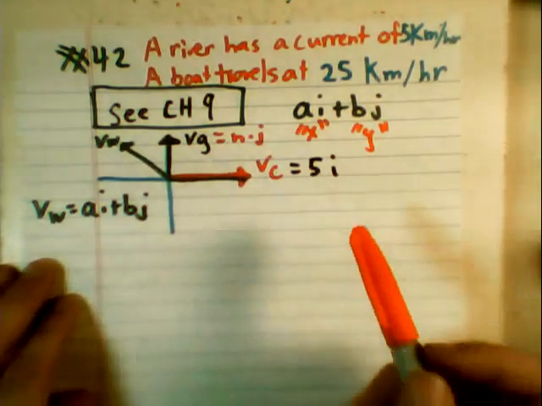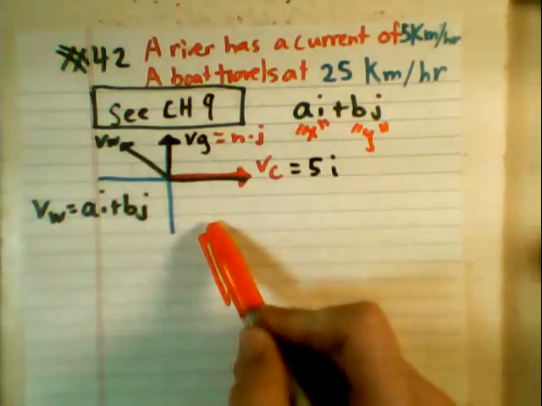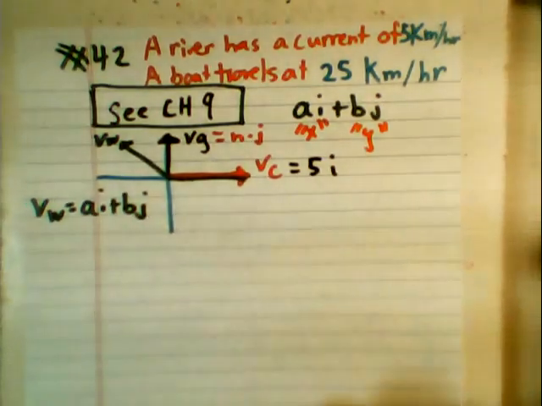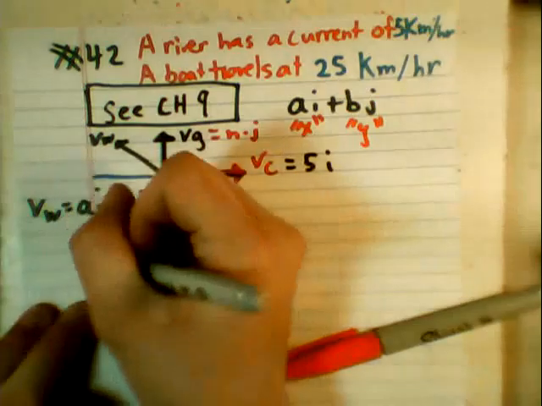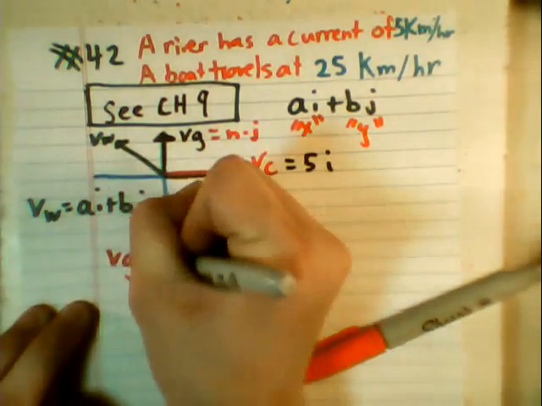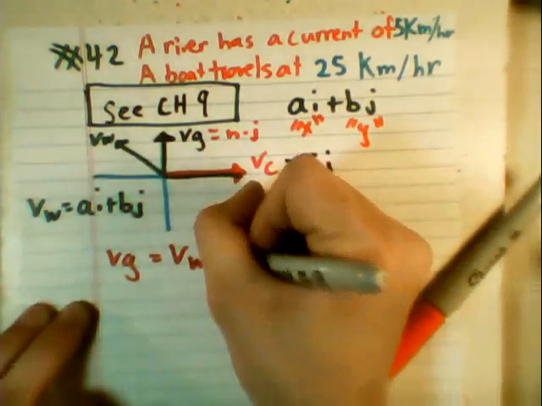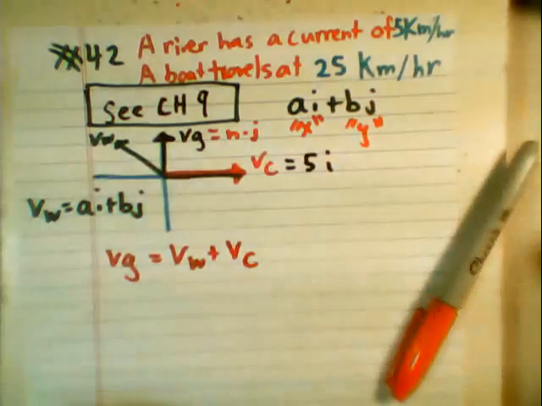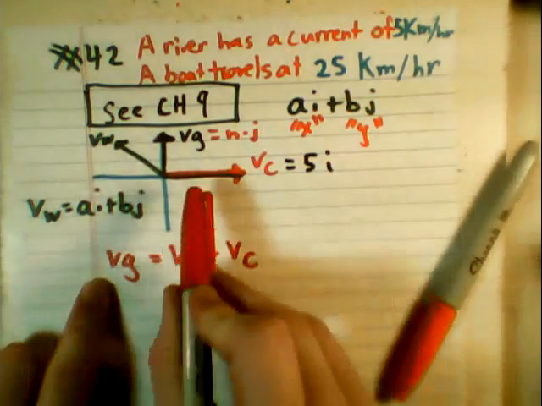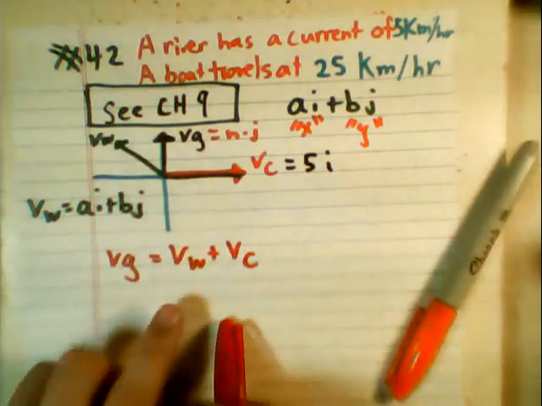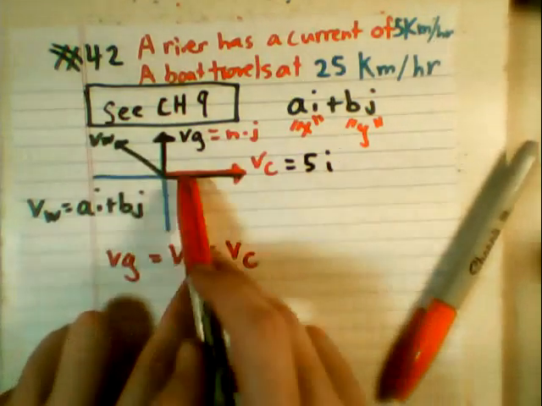So how do we solve for this? Well, let's first write our equation: VG equals VW plus VC.